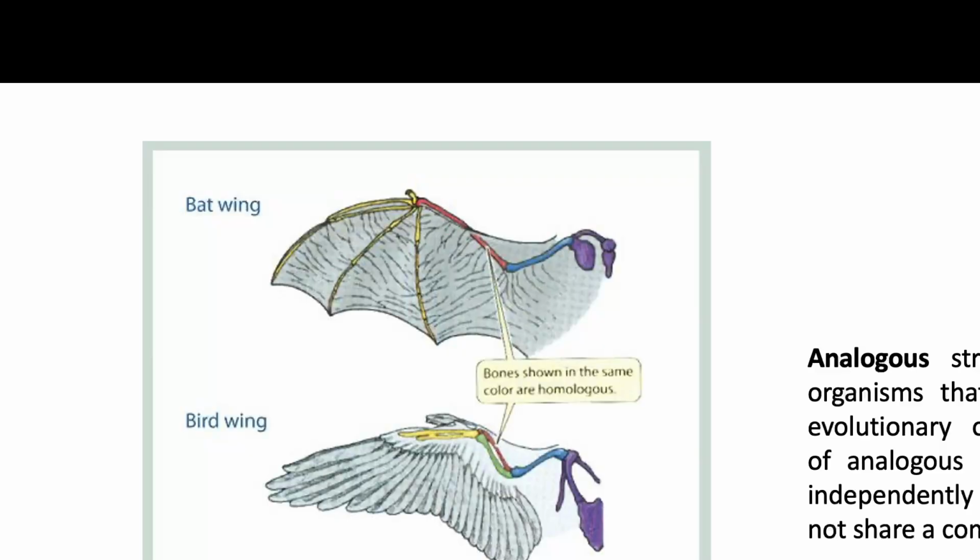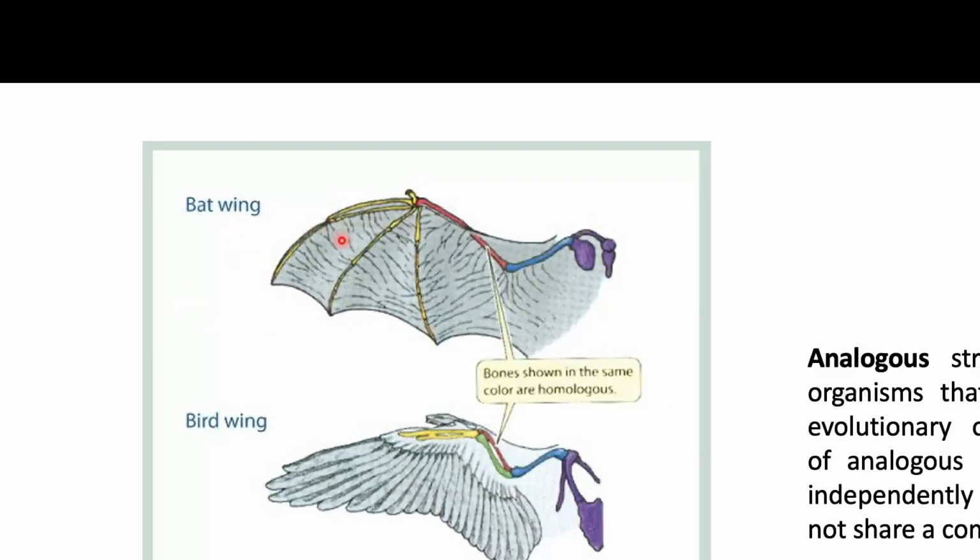They serve the same function, but their structure and ancestry are different. While in homologous organs, the ancestry is the same, the structure is the same, but the function is different. Wings are a classic example of analogous structures because they have evolved independently in different species for flight, but they do not share a common ancestral origin.